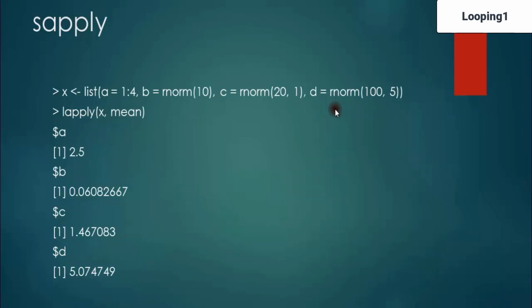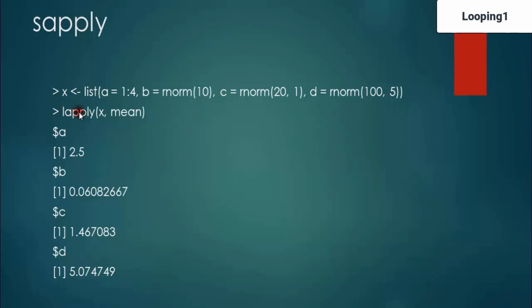Moving on, we are seeing an example here, which I think we saw earlier. We have a list called x, which has a as 1 to 4, b as 10 random normal variables, c as 20 random normal variables with mean 1, and d as 100 random normal variables with mean 5.